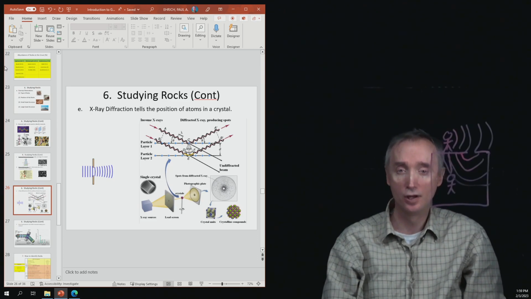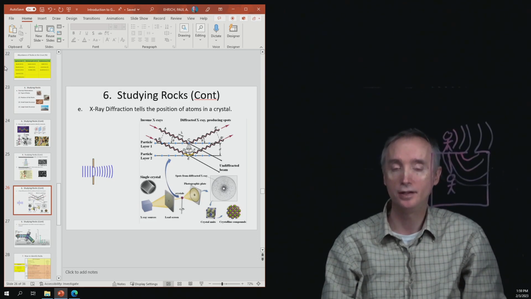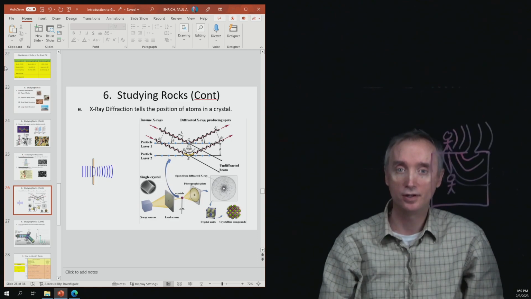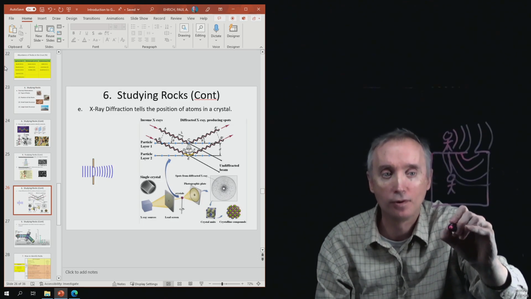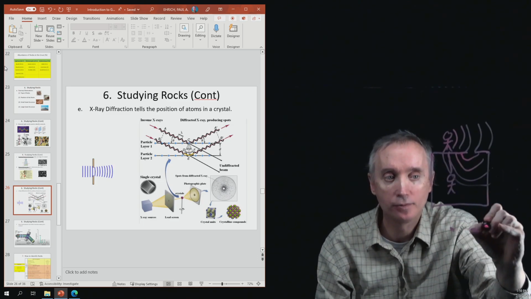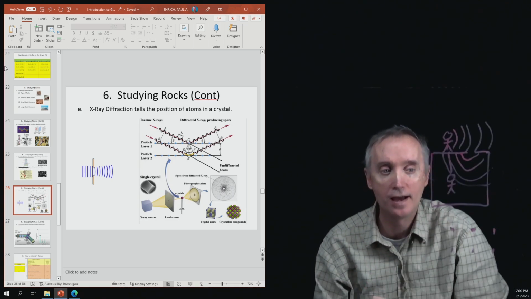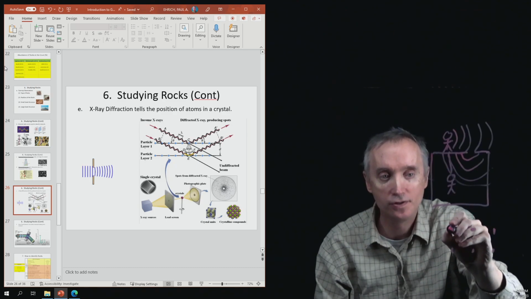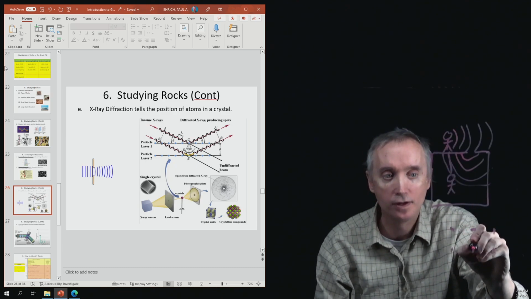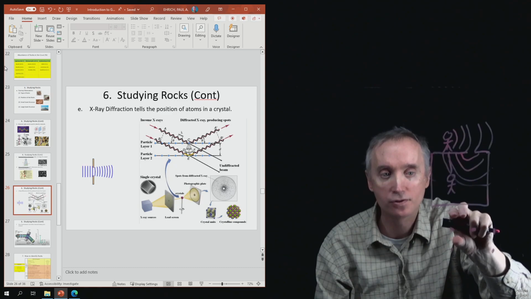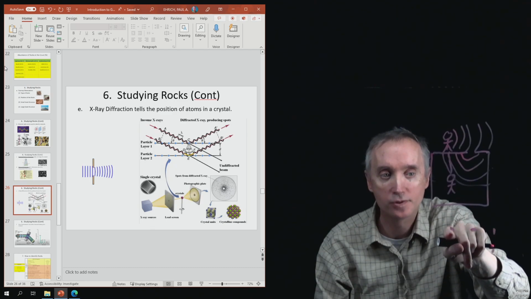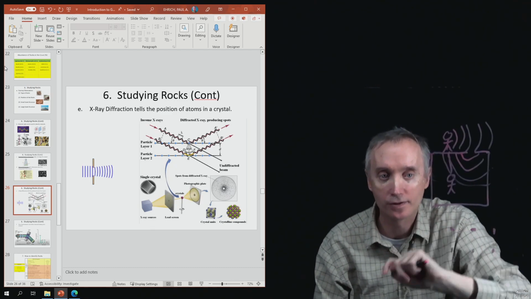So how can we use this technique in geology? If you recall, a mineral consists of atoms, and those atoms are arranged in a lattice so that there's a certain distance between the atoms, and also there's a certain shape that the atoms make in the lattice.